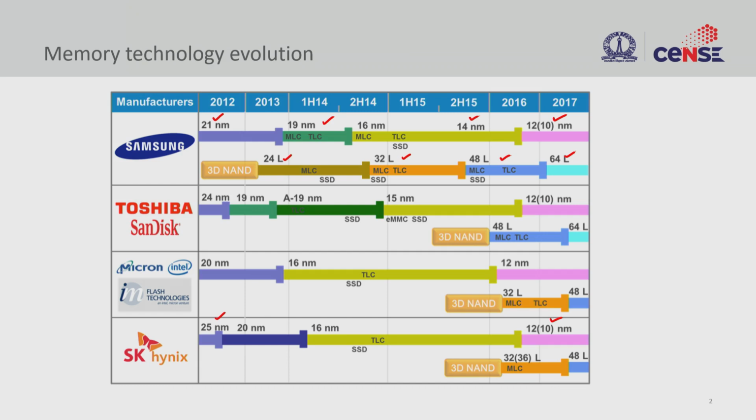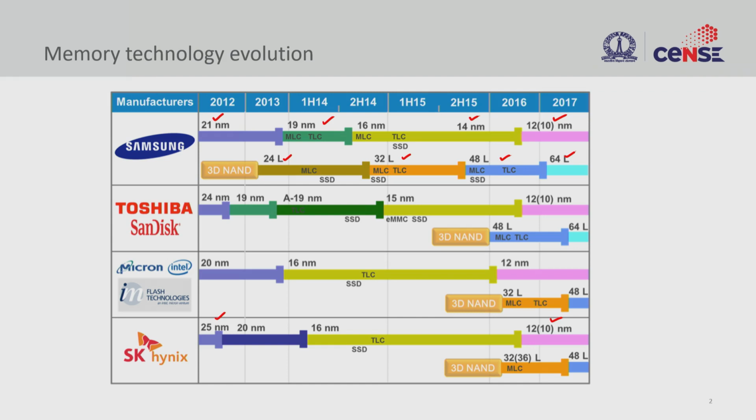So the bottom line here is it is evolving. We have gone from 20 nanometer nodes to now we are close to 10 nanometers and probably going sub 10 nanometers in coming years.